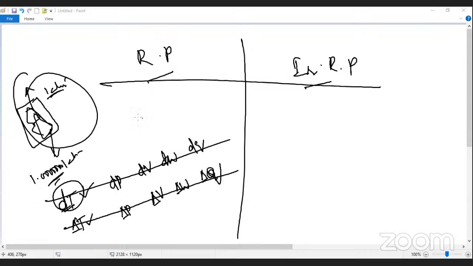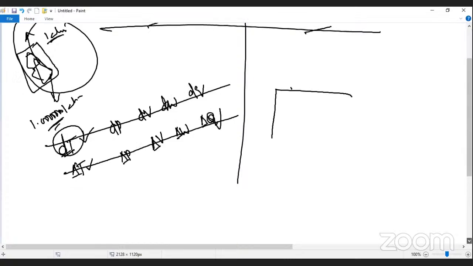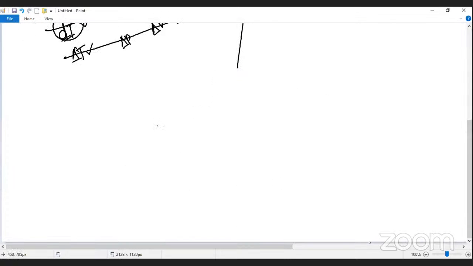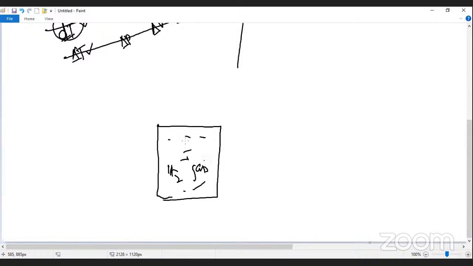Therefore, when you're talking about a reversible process, suppose I'm taking a closed cylinder in which hydrogen gas is taken, and there is a freely movable piston.